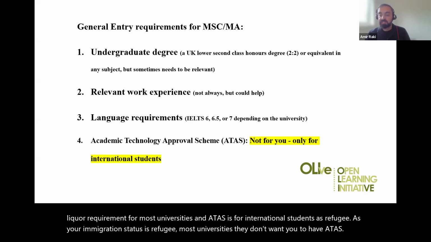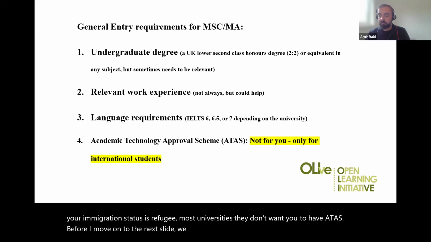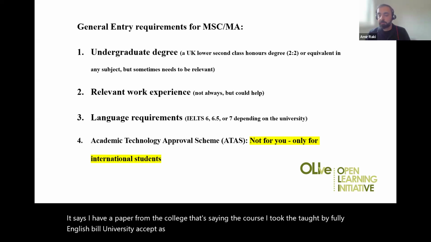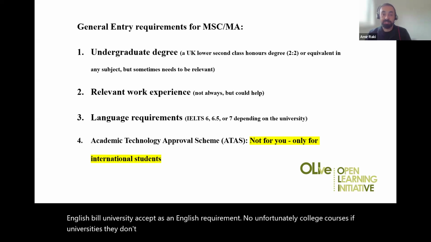Before I move on to the next slide, we have a question which says, I have a paper from the college saying the courses I took were taught fully in English. Will the university accept it as an English requirement? No, unfortunately. Universities don't accept college courses as previous fully English taught courses.